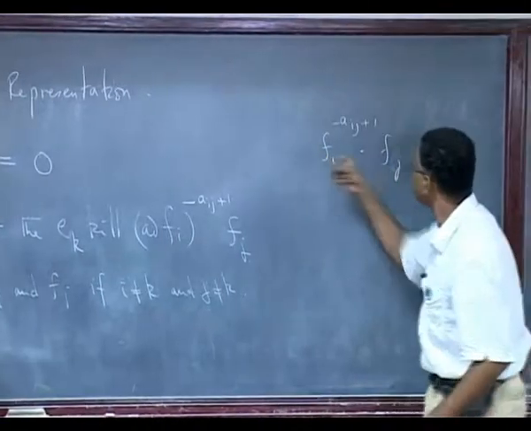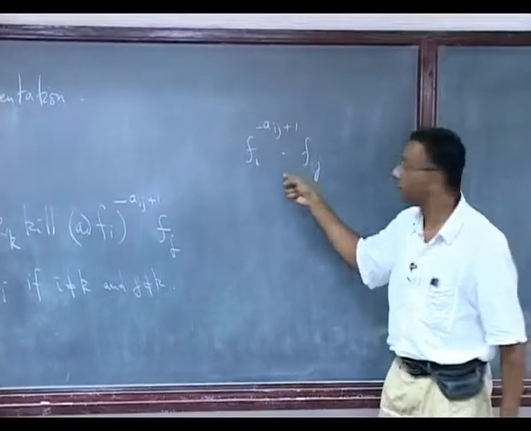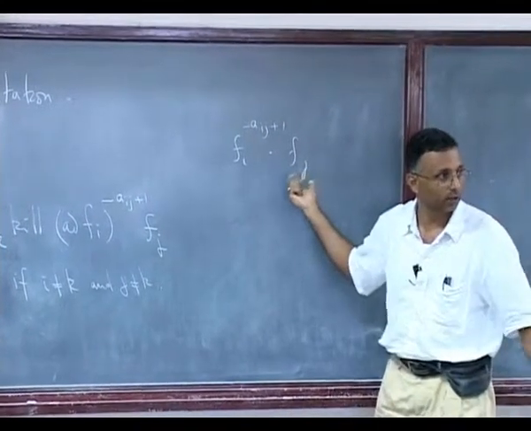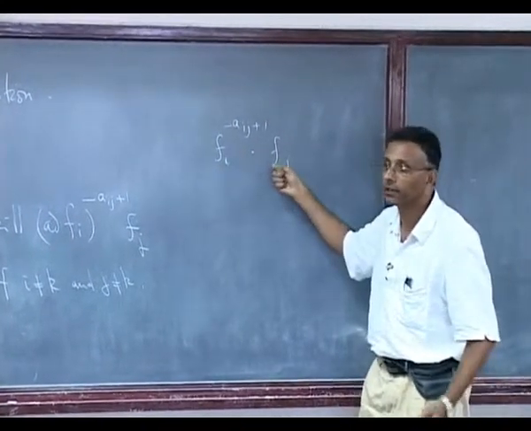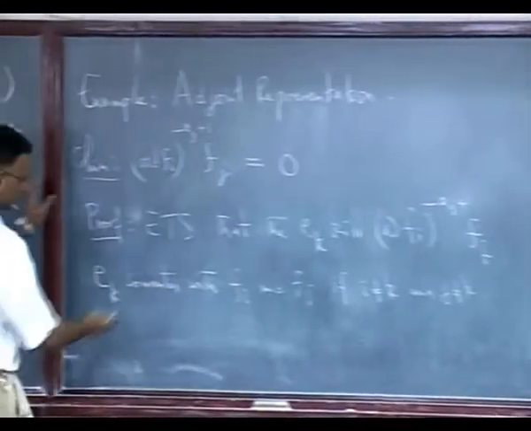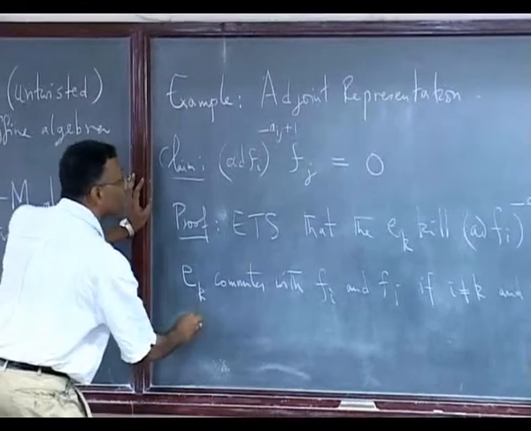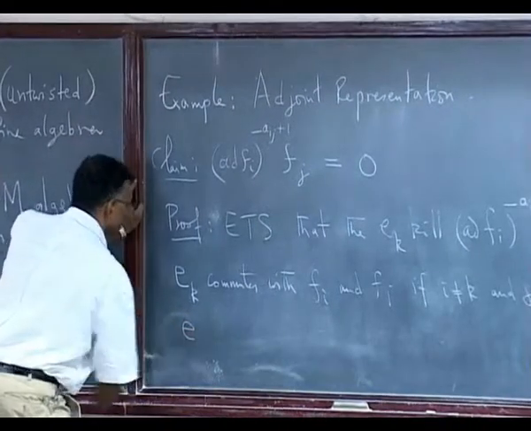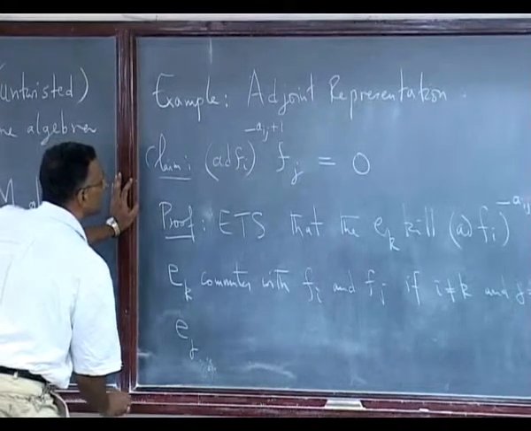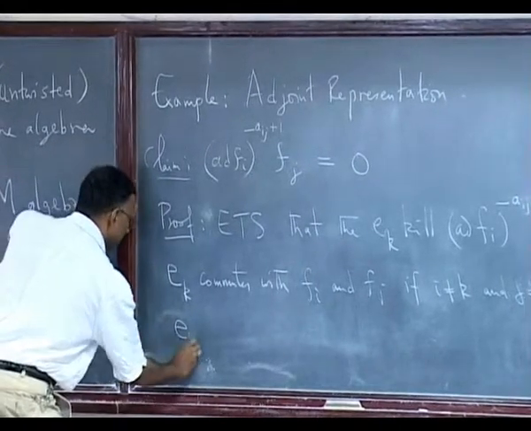It just means it goes through. So when ad, so it comes here, Ek on Fj is 0. So it goes through this and then it kills this. So that's easy. So let us take Ej, or should I take Ei? Let me take Ei.